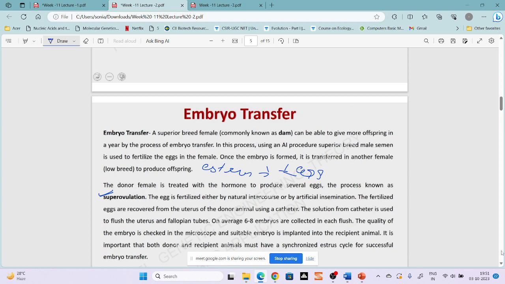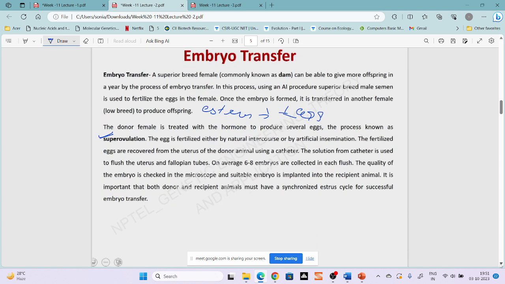But here it is very important that the donor animal and the recipient are considered. These are very small intricacies when you read about any technique. In embryo transfer, you take an egg from a superior female and transfer it into a maybe not-so-superior, inferior female, that's it.